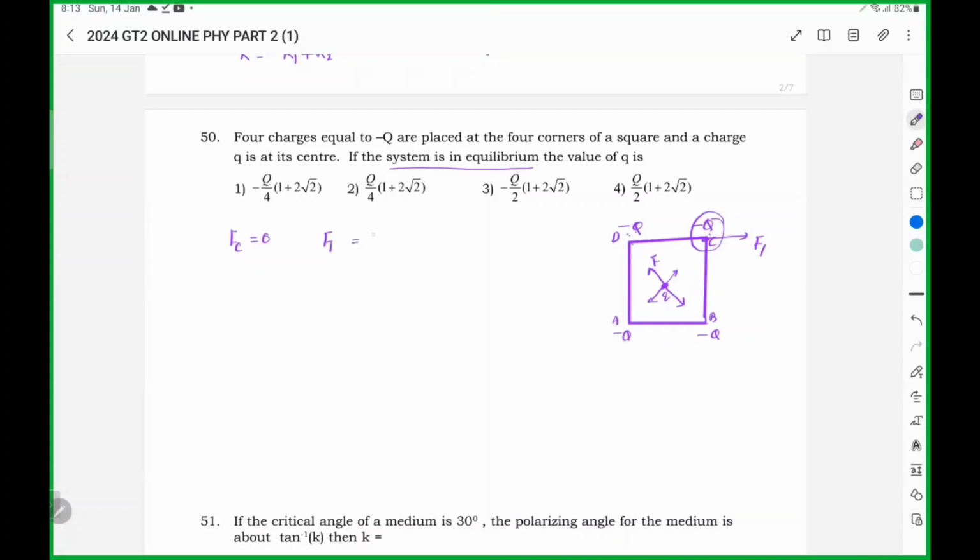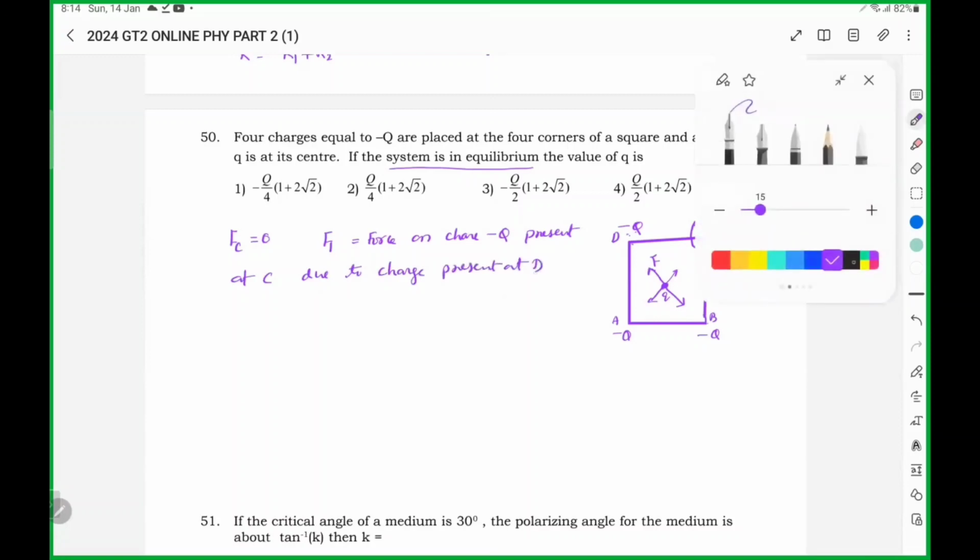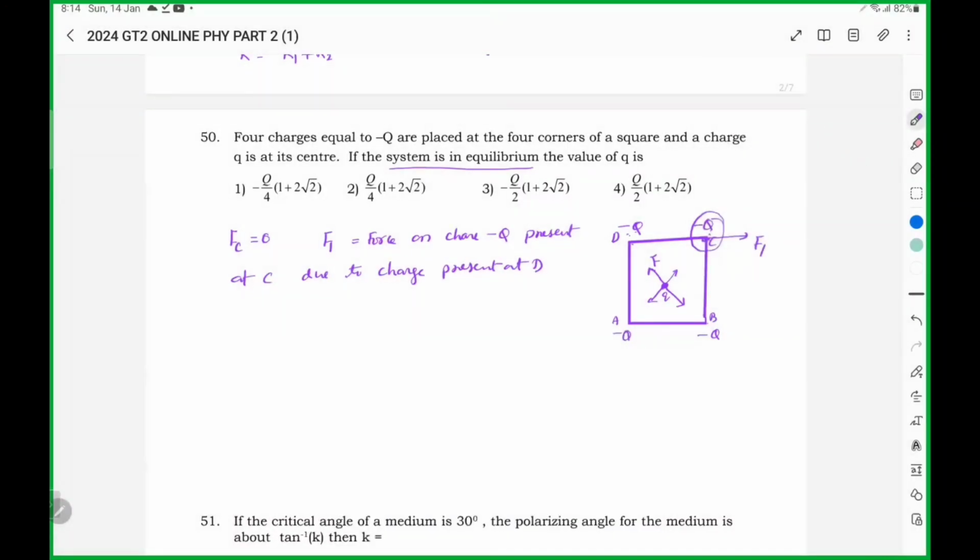F1 is force on charge minus Q present at C due to charge present at D. Let us take side of the square as d.